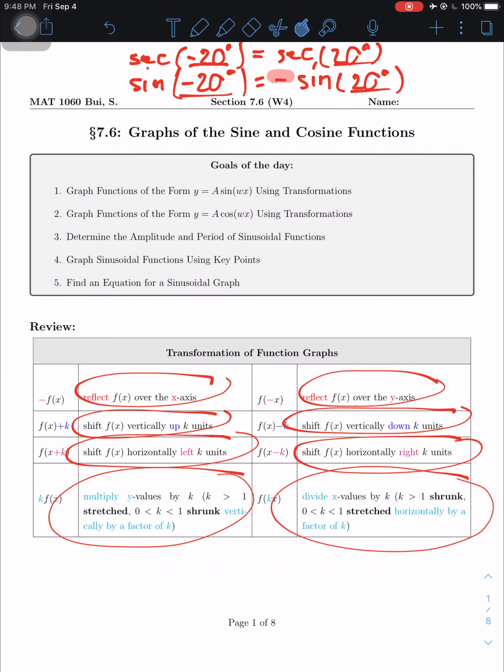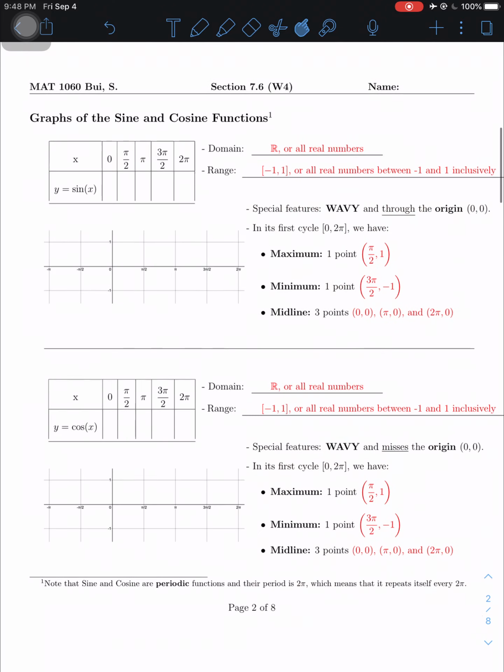Let me talk over the first page. The graphs of sine and cosine functions again. To graph them, first of all, we need some points in order to plot them and then connect them. In my experience, we're going to use this set of 0, 90 degrees, 180 degrees, 270 degrees, and 360 degrees.